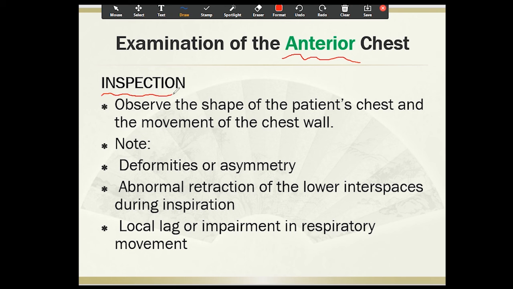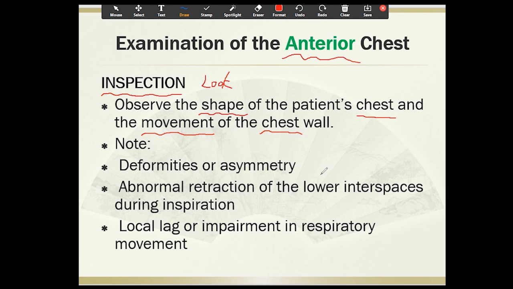We still start from looking. We're still looking at the shape of the chest and also the movement of the chest.